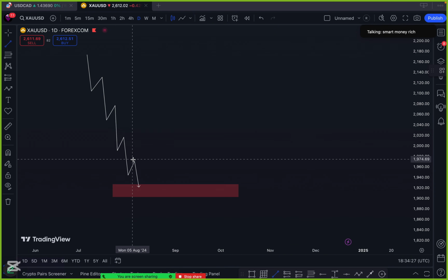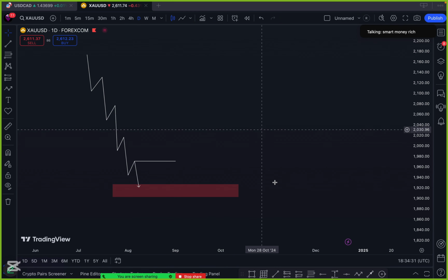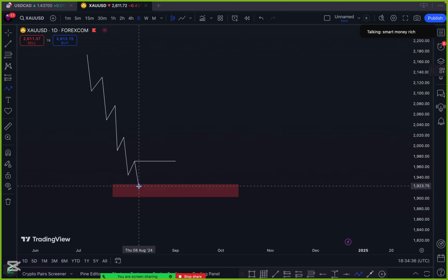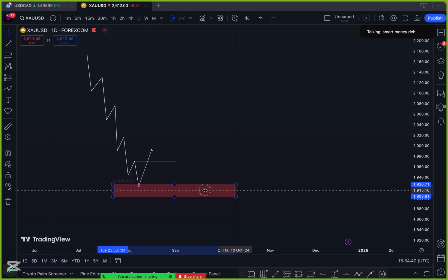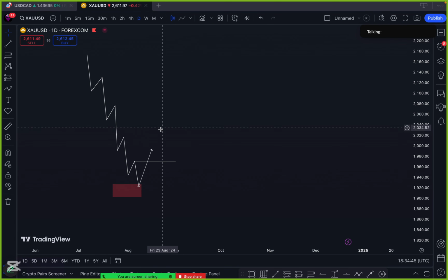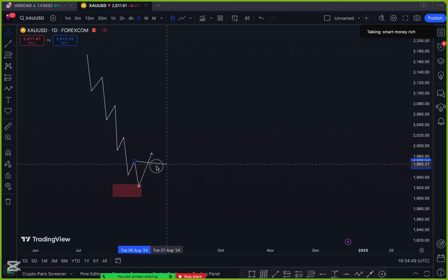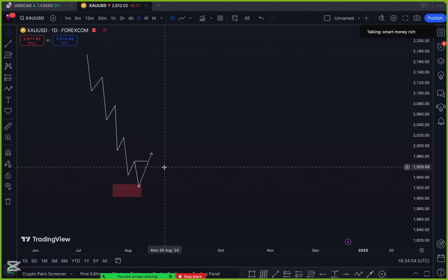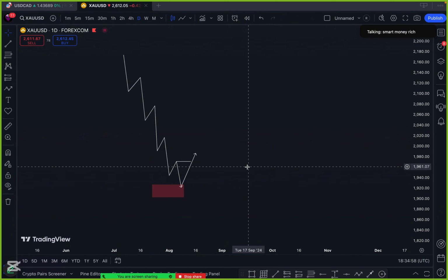Once it reacts from that demand zone, if the demand is strong, then we are going to get a move like that, which simply means we are going to get a break of structure or a change of character. This is to tell you that the price has changed from an uptrend to a downtrend.